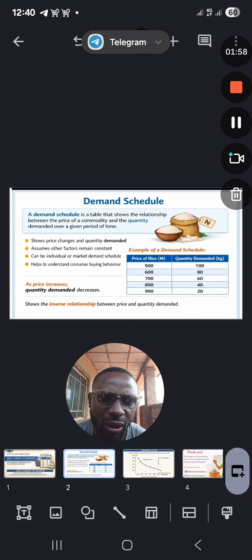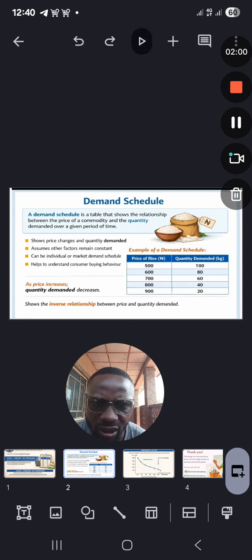Now, there's something this table is trying to tell us. It is trying to help us understand consumer buying behavior or consumer choices, right? And this table can either be an individual demand schedule or a market demand schedule.